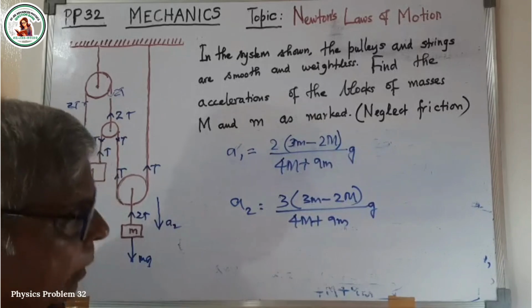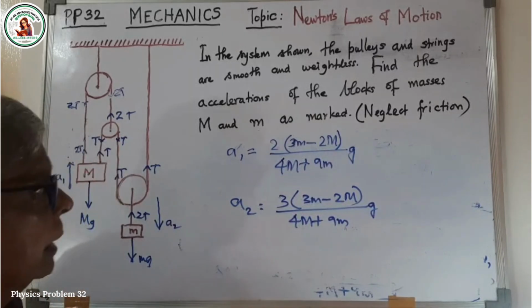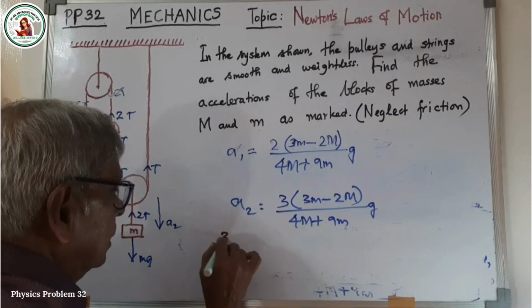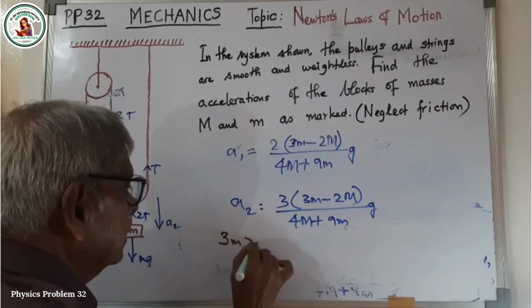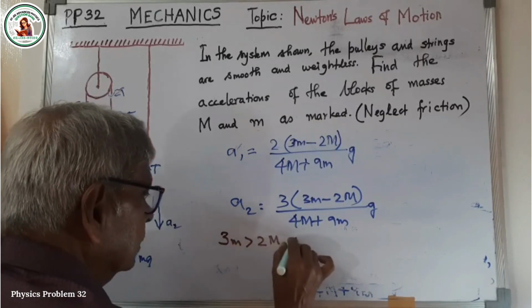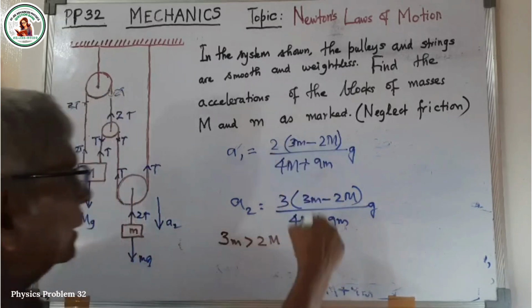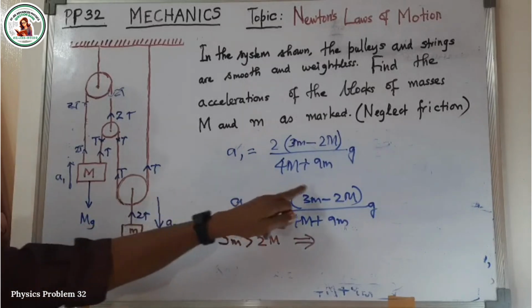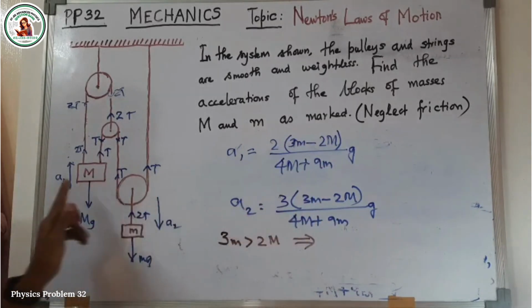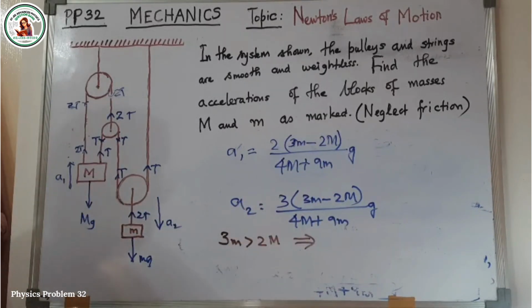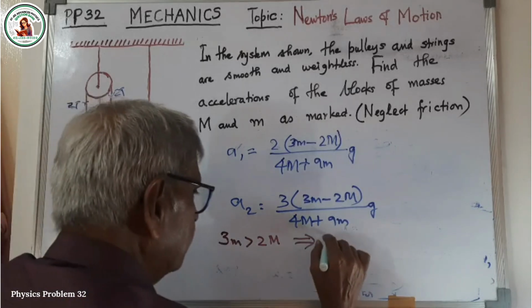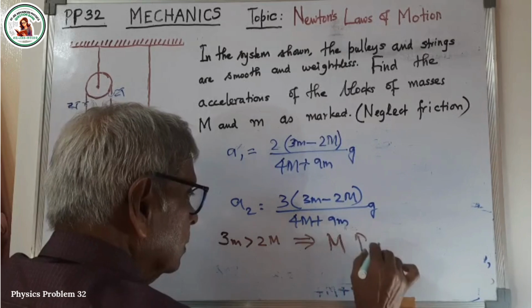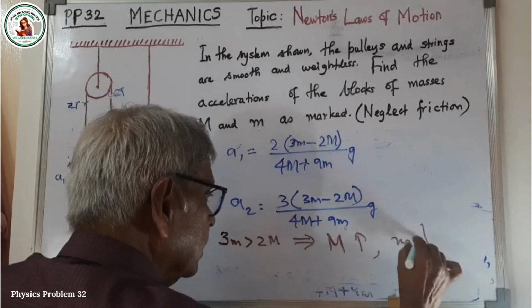You can see from the two results, if 3m is greater than 2M, both accelerations will be positive and the marked directions are correct. So that means capital M will be moving up as we have marked. Small m will be moving down as we have marked.